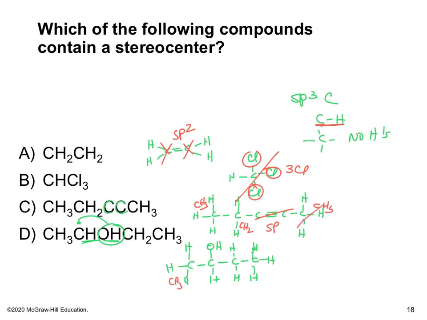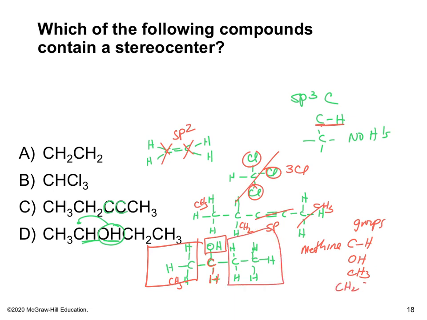But look at this carbon. This is what I would call a methine, meaning it's a carbon hydrogen, and then what are the groups? It has an OH, a CH3, and a CH2CH3. So those are 4 different groups. You see I put the star, it is that carbon that is asymmetric. CH2s, we don't worry about CH2s or CH3s.